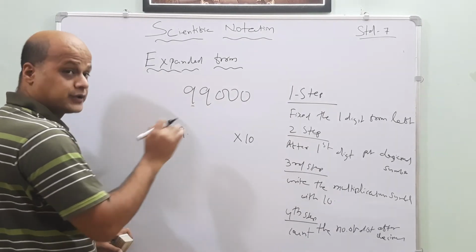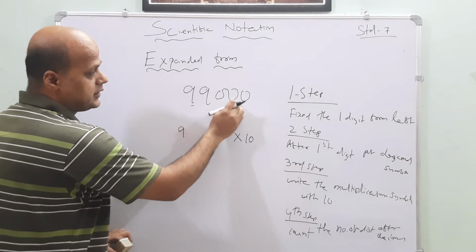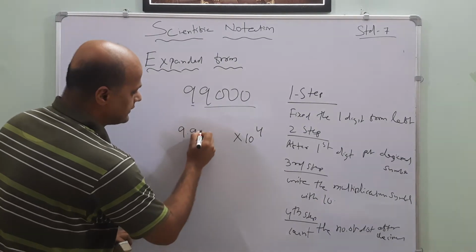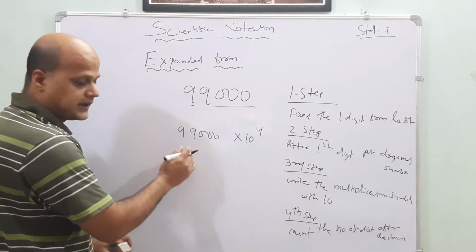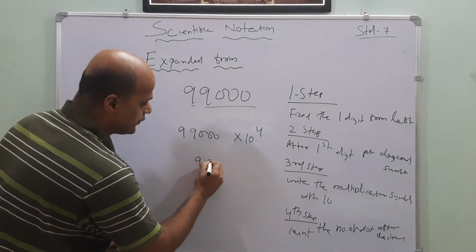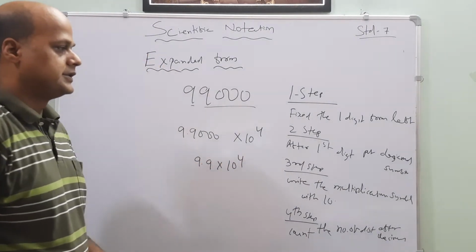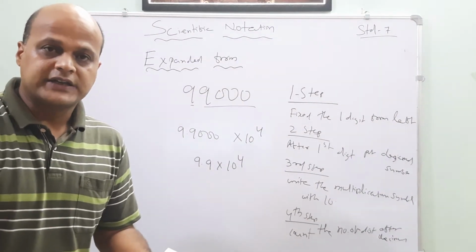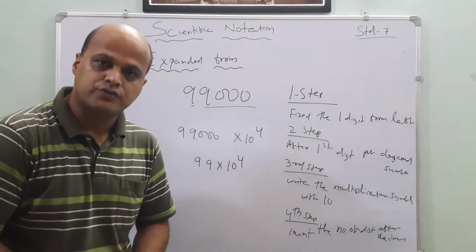After the first digit, how many digits are there? 1, 2, 3, 4. So the power is 4, and the same number is written right here. Though there are 3 zeros, you can also write it as 9.9 into 10 to the power of 4. This is the simplest example of converting the expanded form into scientific notation. Understood, my dear friends?